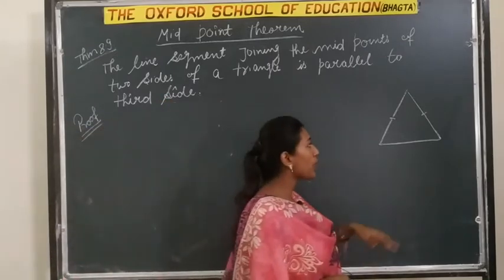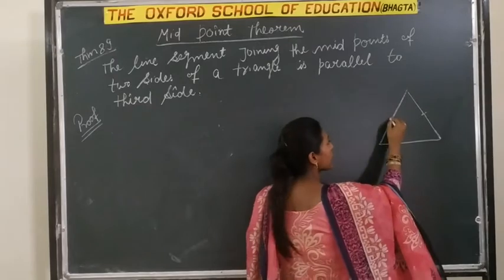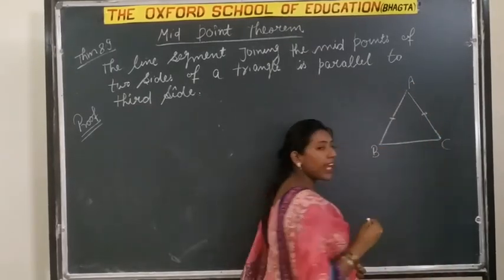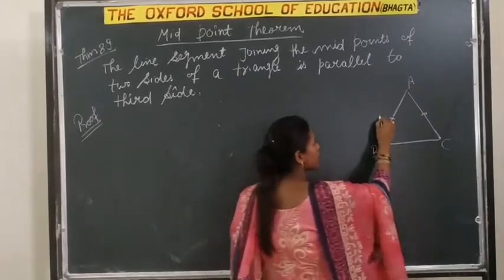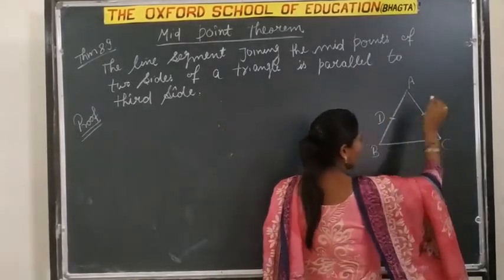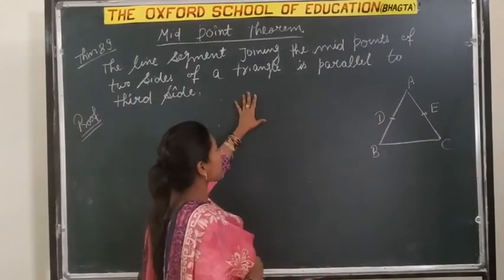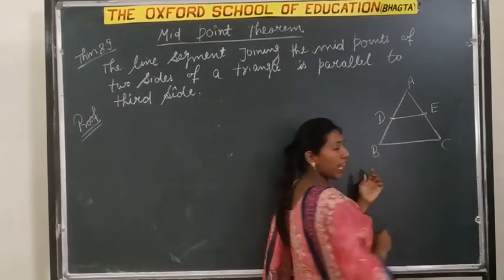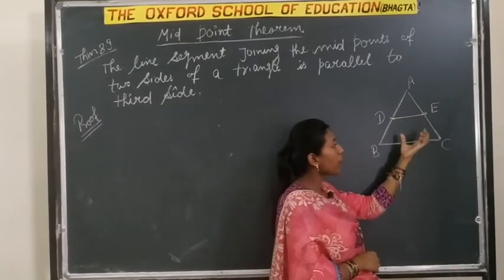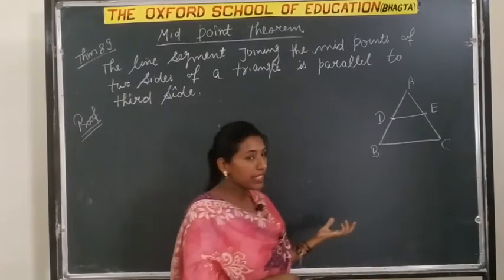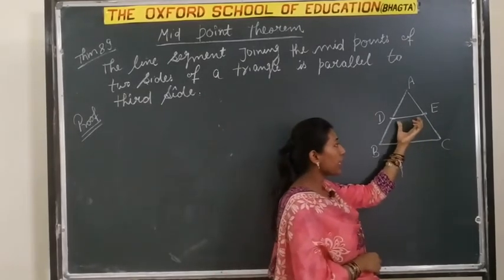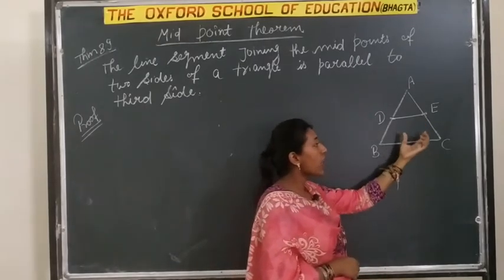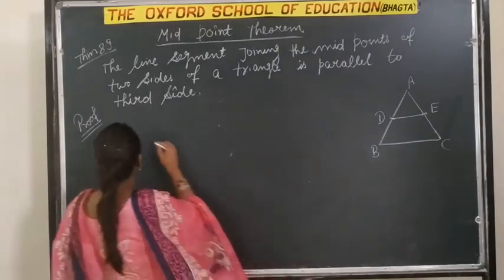That means first of all we have a triangle, name it A, B, C, then take midpoints D and E of two sides. Then the theorem says that when we join these two midpoints, the line segment DE will be parallel to line segment BC. We have to prove that DE is parallel to BC, and also that DE is half of BC.